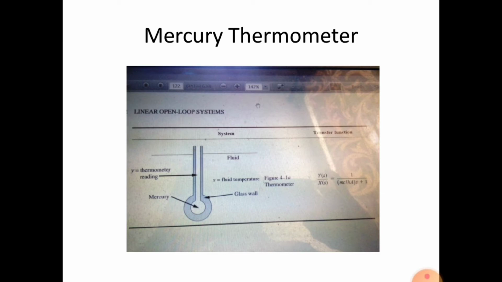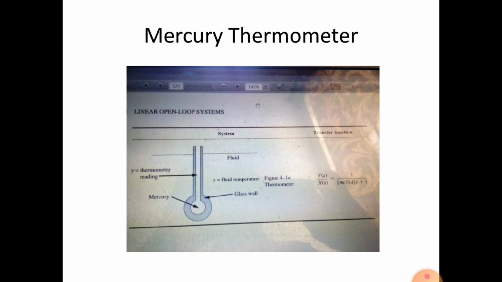Before applying heat input to the system, the temperature indicated by the thermometer is called the steady state temperature. At steady state, the temperature input to the thermometer and output from the thermometer are the same. That is, input temperature is equal to output temperature at steady state.